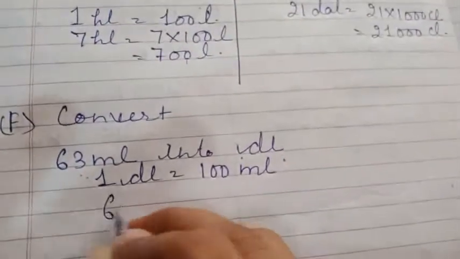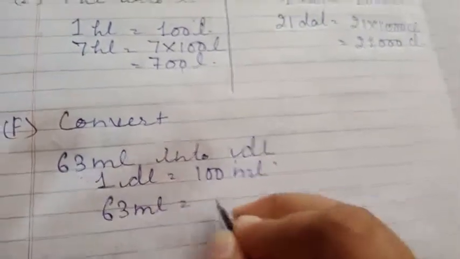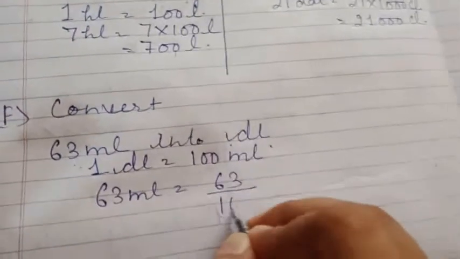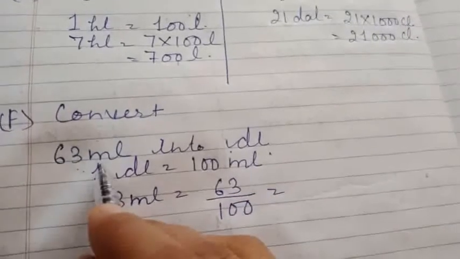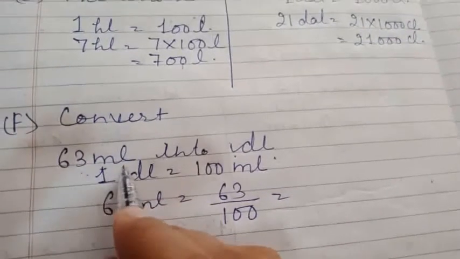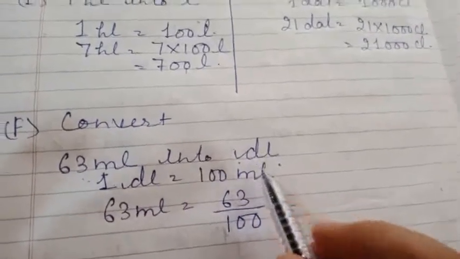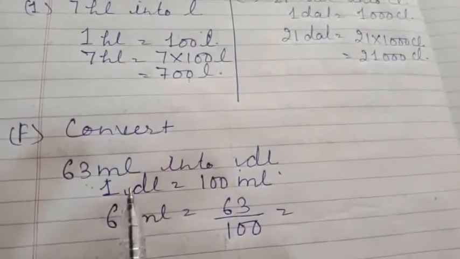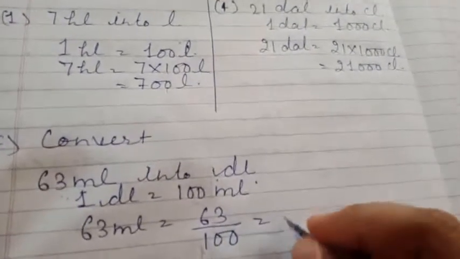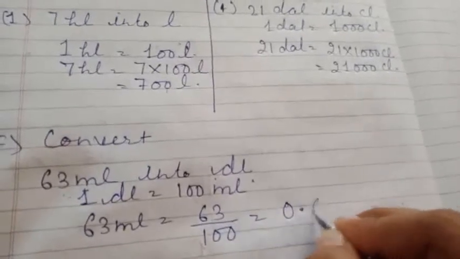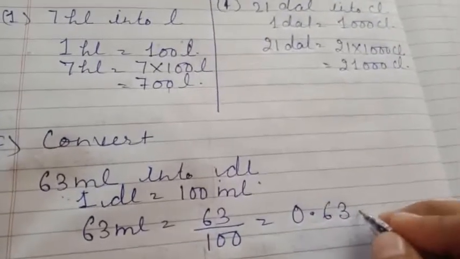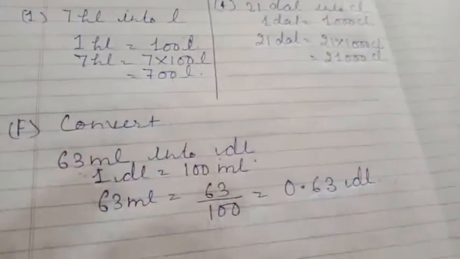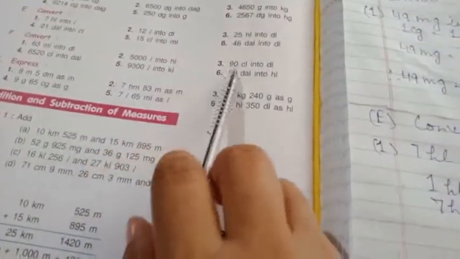So 63 milliliter will be 63 divided by 100, because this is smallest and this is greatest. We have to convert smallest to greater, so it will be 0.63 deciliter. In the same way, we can do the different questions. All are of capacity only.